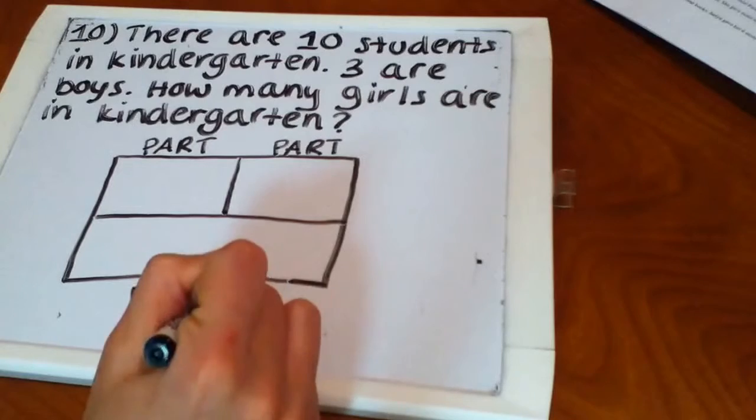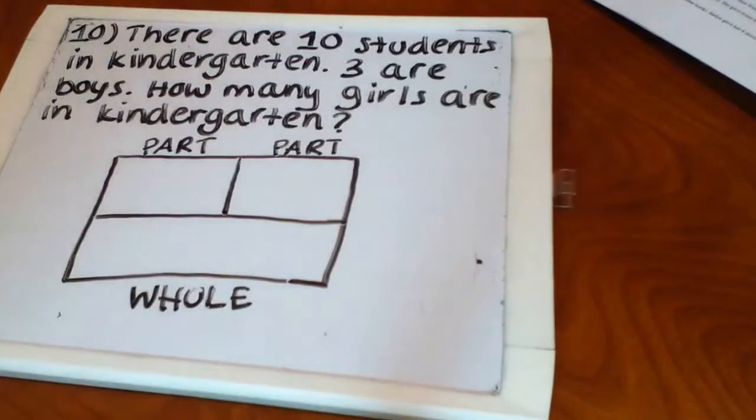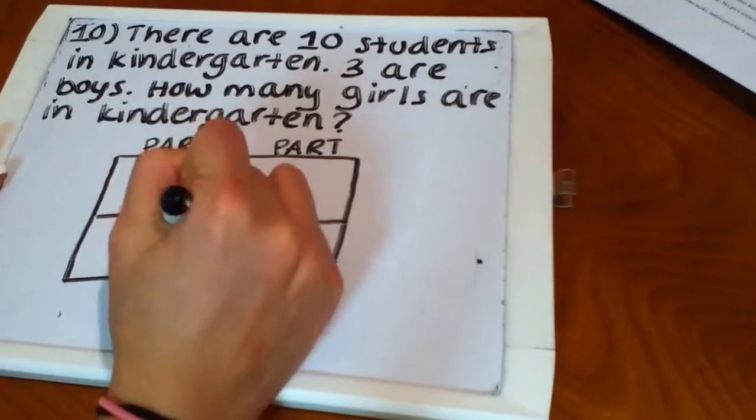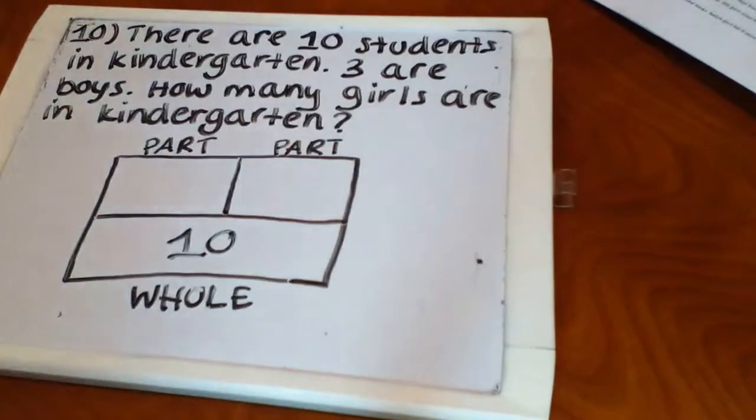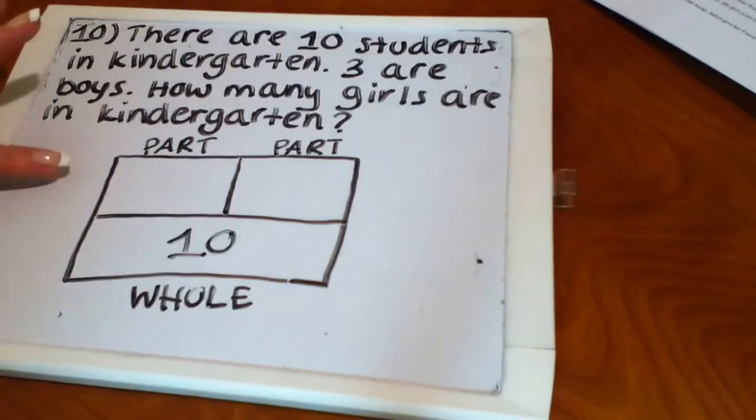So in this case, the different parts of the problem are girls and boys, because the question is telling us that there are 10 students in kindergarten. So that's our whole amount. We can put that right down here. And then it's saying there are 3 boys. How many girls are in kindergarten? So clearly the problem is dividing the kindergarten up into girls and boys.